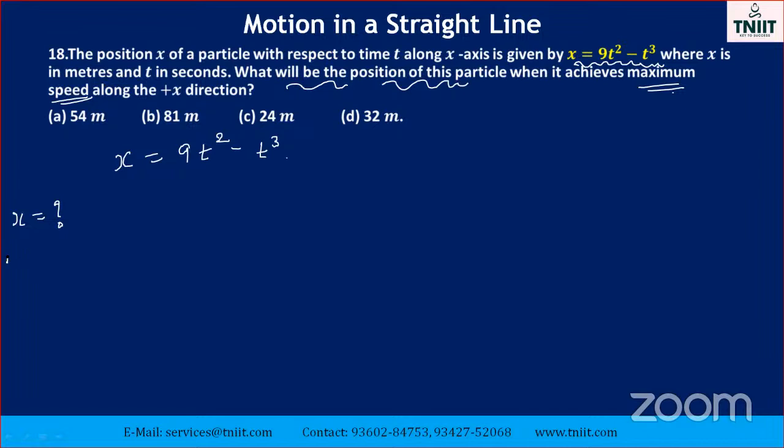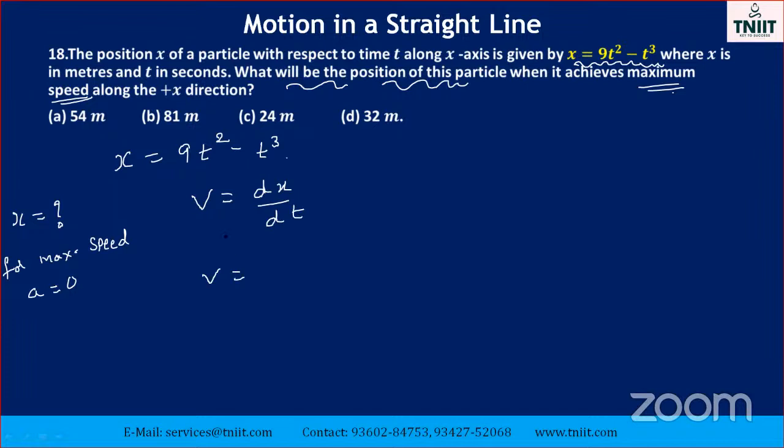For maximum speed, please remember, acceleration must be 0. By the definition, students, you know that v is equal to dx by dt.